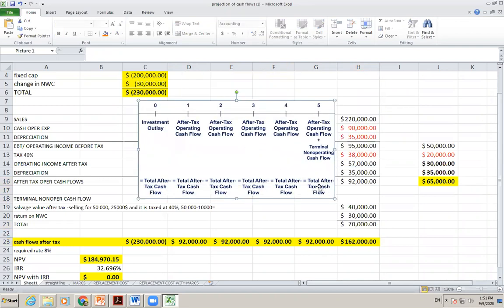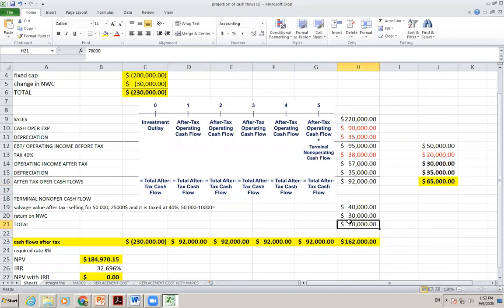So total after-tax cash flow in the last year is equal to after-tax operating cash flow plus terminal non-operating cash flow. This would give you this. So you get these cash flows to calculate the NPV.